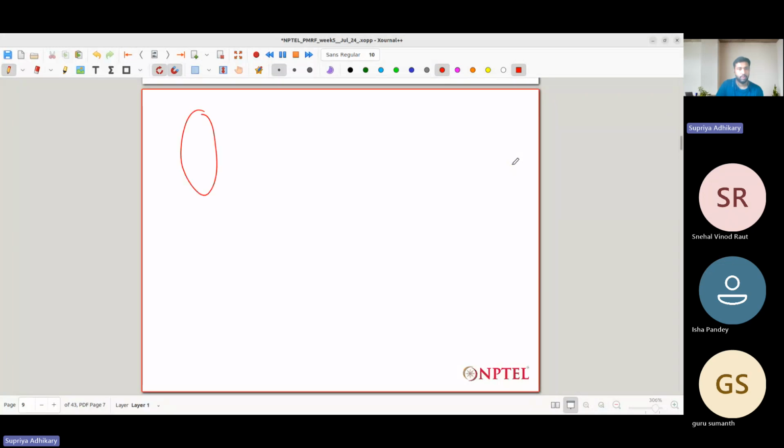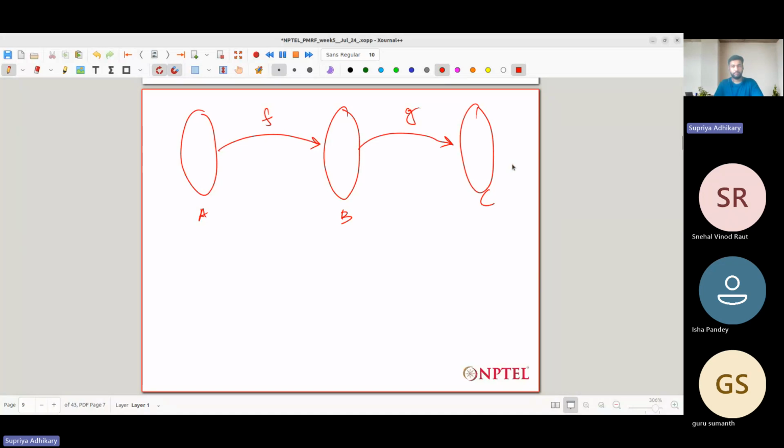So the g∘f function maps like this. We have A, we have B, and we have C. First we have f, and then we have the function g. So we can take an example. Let us consider this example: we have 1, 2 over here, and we have 1, 2, 3, 4, and over here we again have 1.